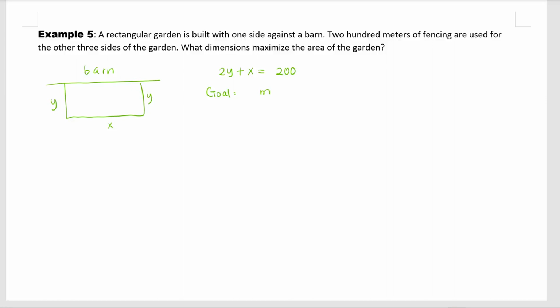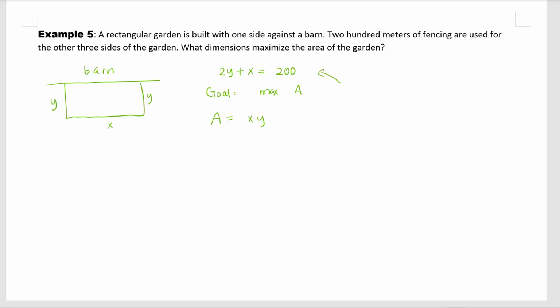We want to maximize the area of the garden. So what is the area of a rectangle? x times y, yeah, but it's a function of two variables. We have to get a function of one variable.